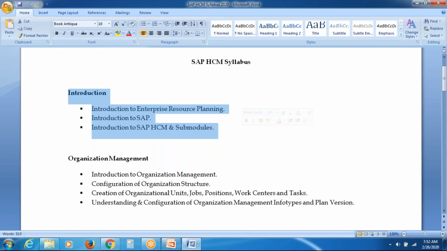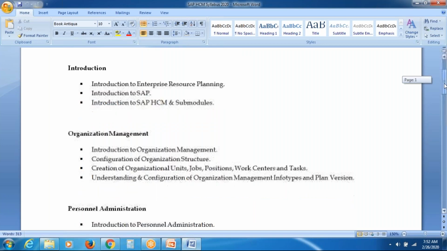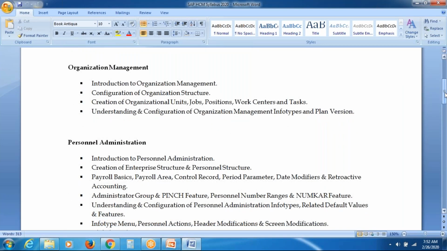Right now we are discussing a bit about this introduction itself. The next thing in the syllabus is organization management. As part of org management in SAP HR, we are going to discuss the introduction to org management, then configuration of the organizational structure in SAP, and the creation of organization units, jobs, positions, work centers, and tasks.